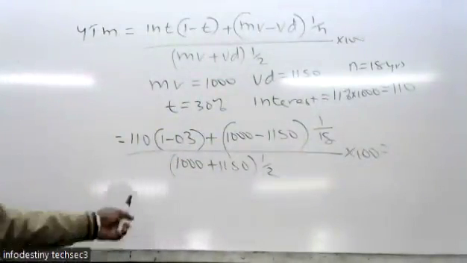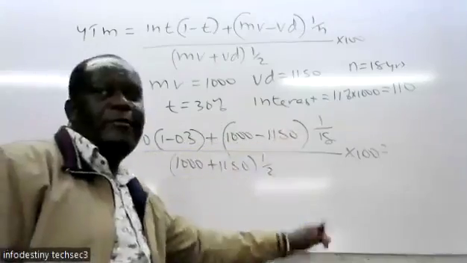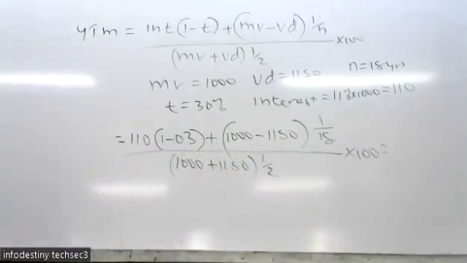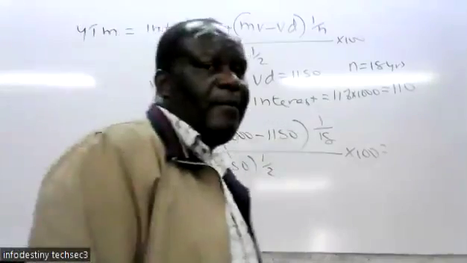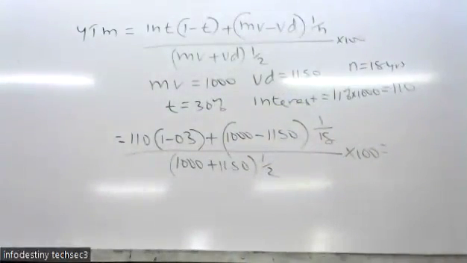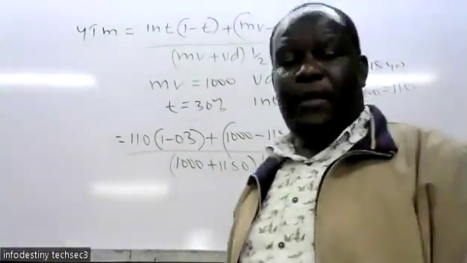So you do it this way: calculate this separately, put it somewhere, compute that separately, put it somewhere, and now you combine all of them. It will be so easy. But if you combine them together, chances of making a slight error are high and it can give you a different value.